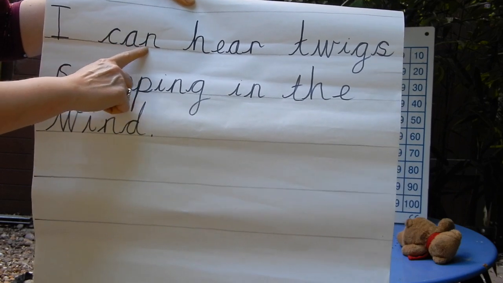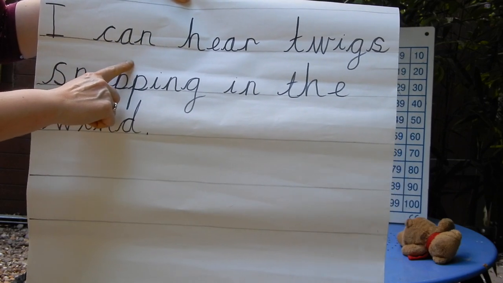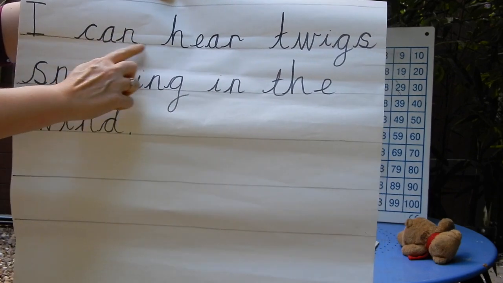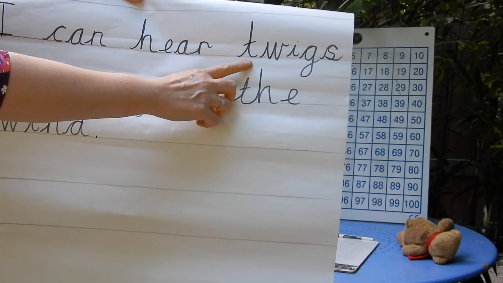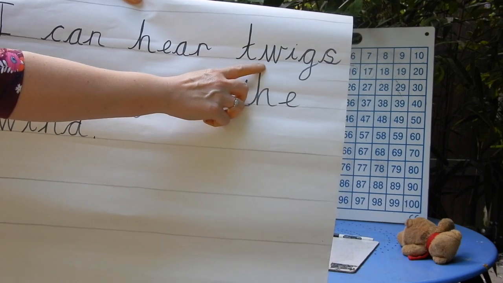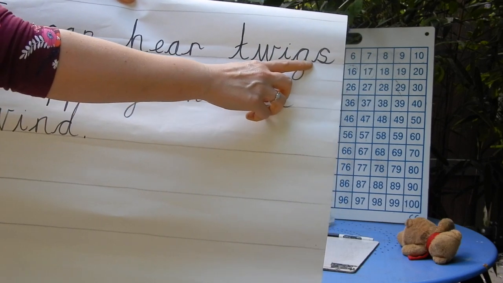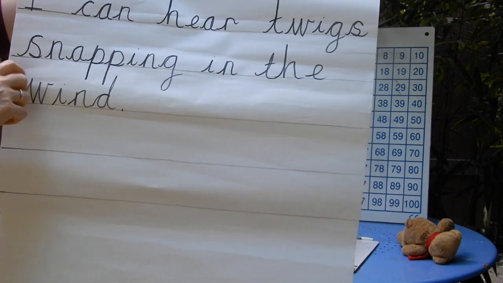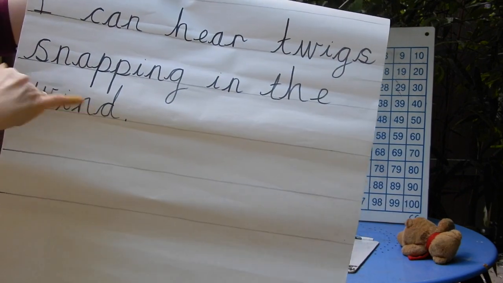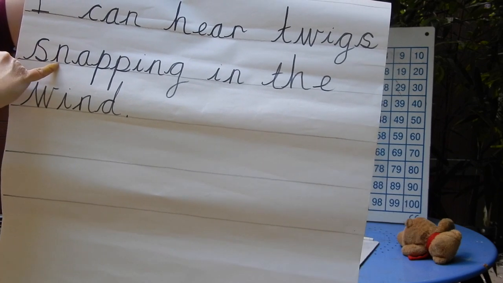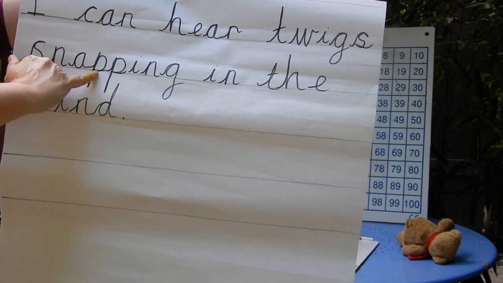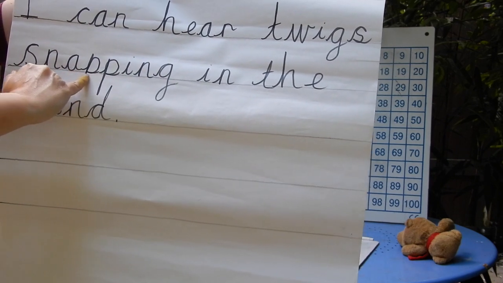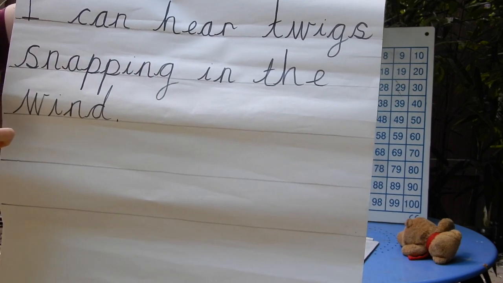I can, hear. I can hear. Two close together sounds at the beginning here. Twigs. Now, a two-syllable word here, but don't be put off. Snap, snapping.